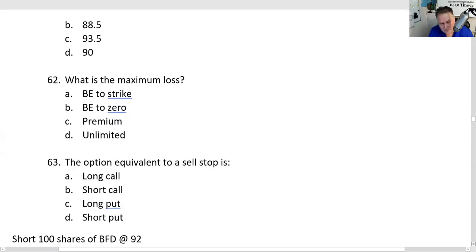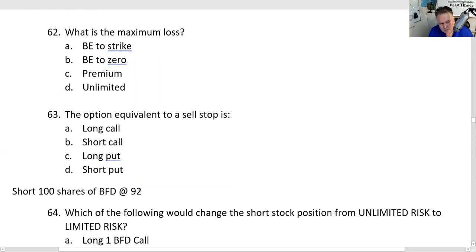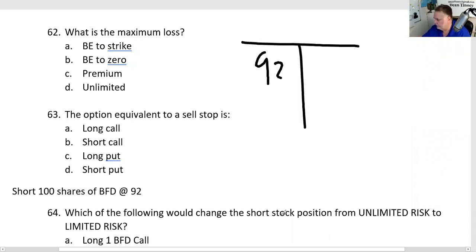And this is why you do this, because now your maximum loss is not zero. Remember, if all you did was buy 100 shares at 92, your risk would be all the way to zero, but you paid 1.5 for the protection.